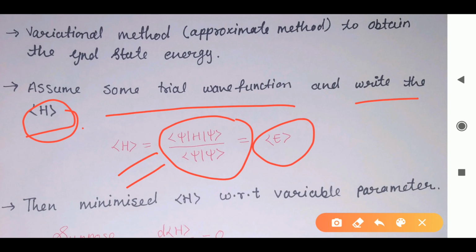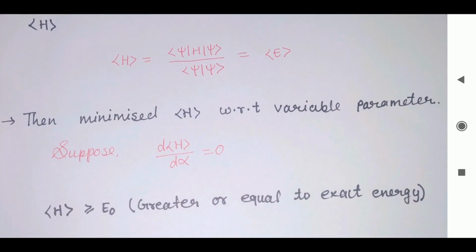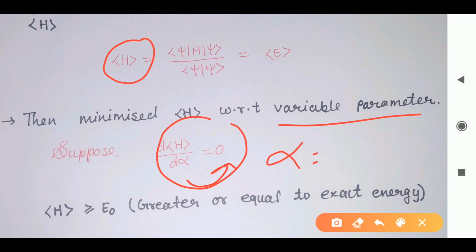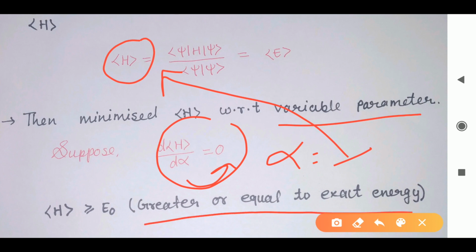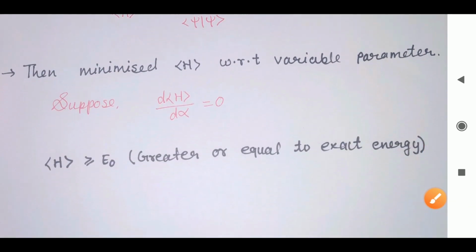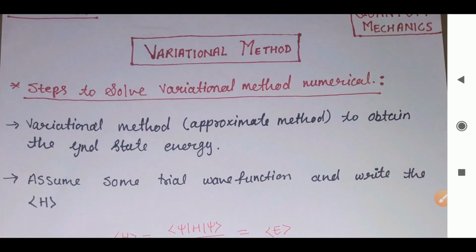Once we are done with this, we find the value of the variable parameter by differentiating with respect to the variable parameter and putting that equal to 0. From here we get the value of alpha, and that value we put in this equation to get the minimum energy. That minimum energy will be greater than or equal to the exact energy. So these are the steps that you have to follow to solve the variational method numerical.